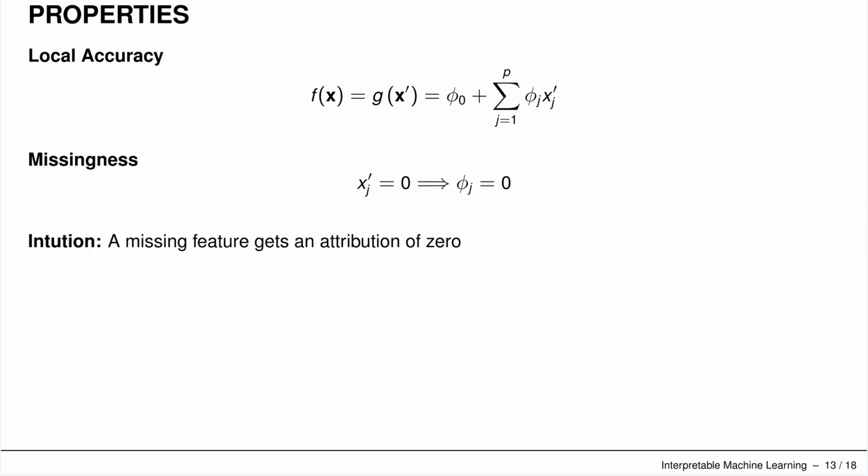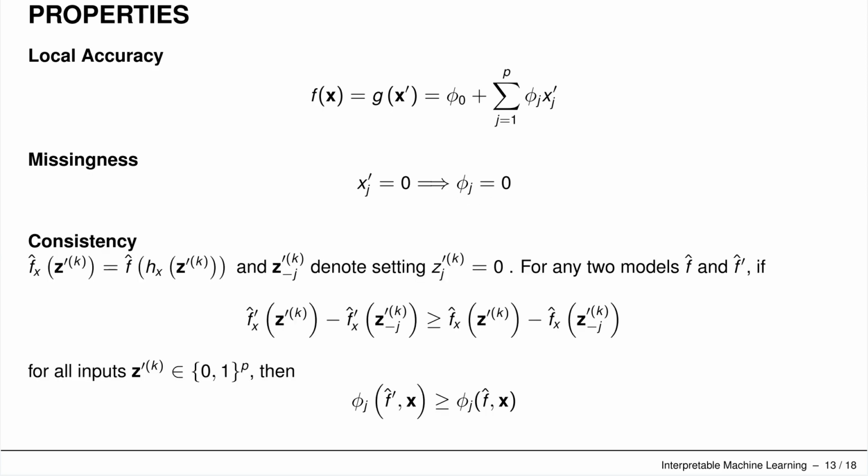And then we have missingness, meaning a missing feature gets an attribution of 0. So for each row, when the feature is missing, it gets a Shapley value of 0. And we have consistency.